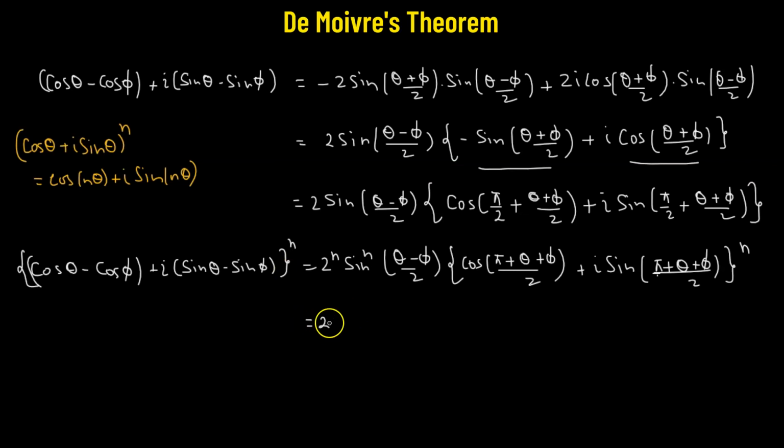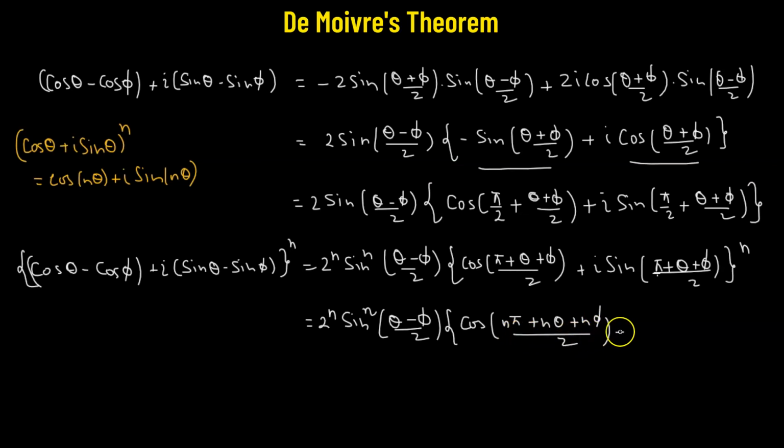This is going to give us 2 raised to the power of n times sine raised to the power of n of (theta minus phi)/2 multiplied by cosine of (n pi plus n theta plus n phi)/2 plus iota times sine of (n pi plus n theta plus n phi)/2. Right, so we have obtained one of the terms.